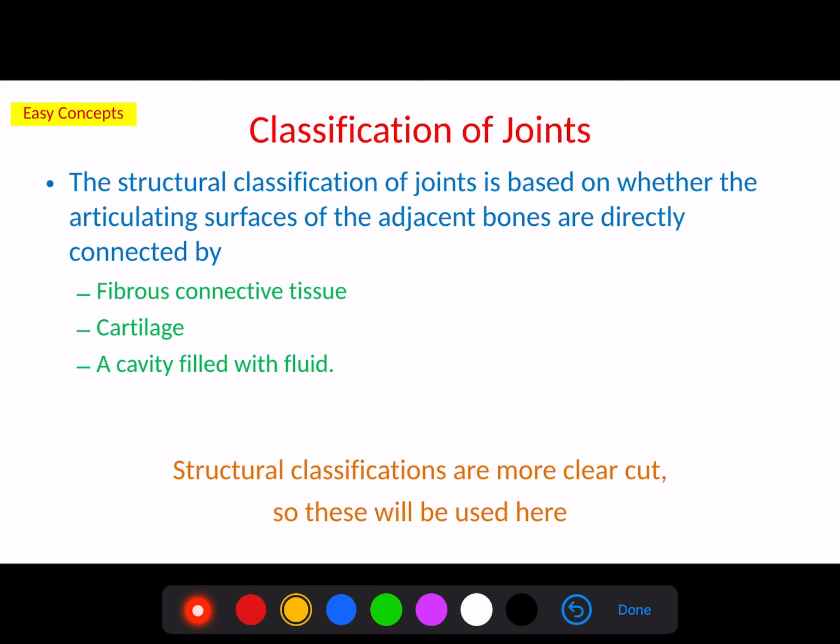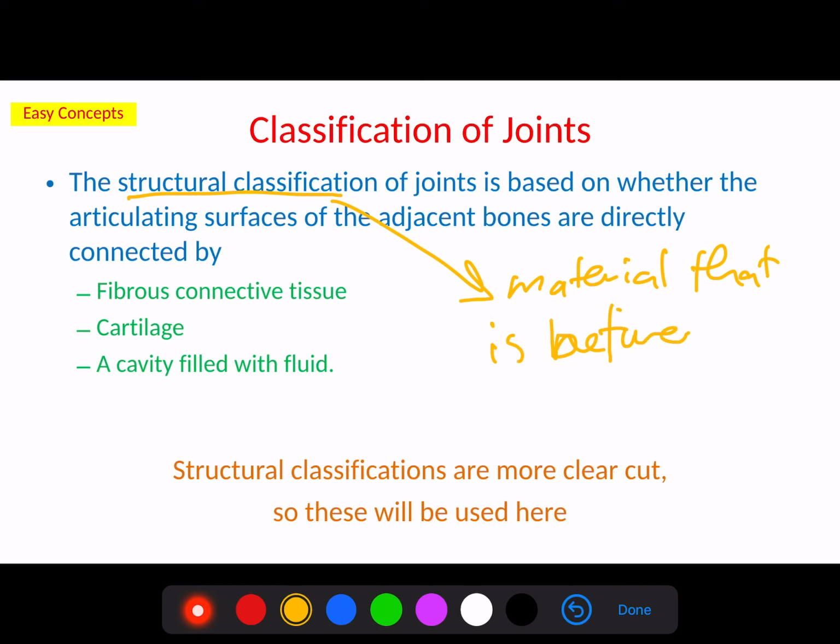Then the other type of classification is called structural classification, and technically it's about the material between the bones or filling the joints.